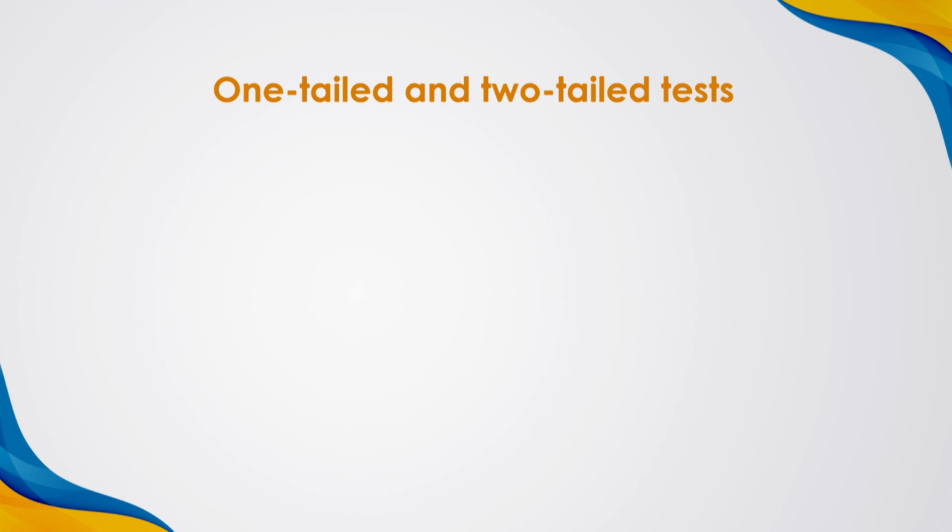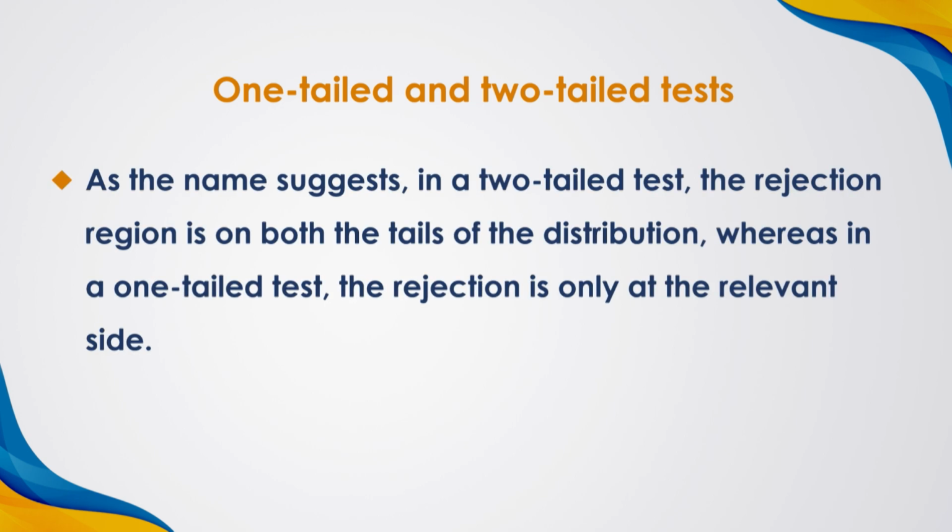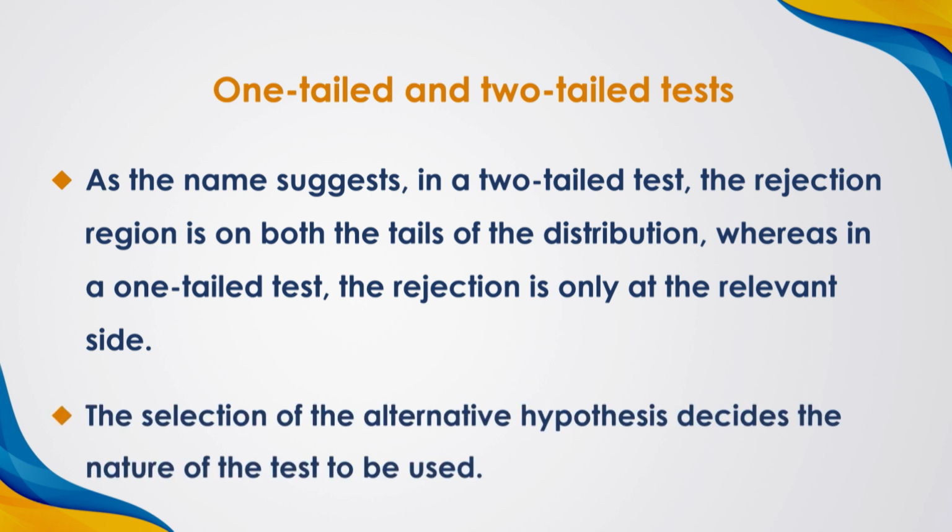As the name suggests, in a two-tailed test, the rejection region is on both the tails of the distribution, whereas in a one-tailed test, the rejection is only at the relevant side. The selection of the alternative hypothesis decides the nature of the test to be used.